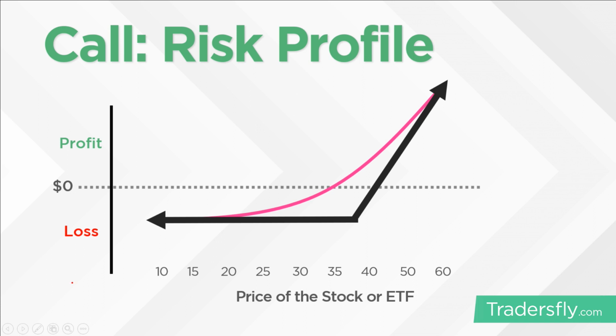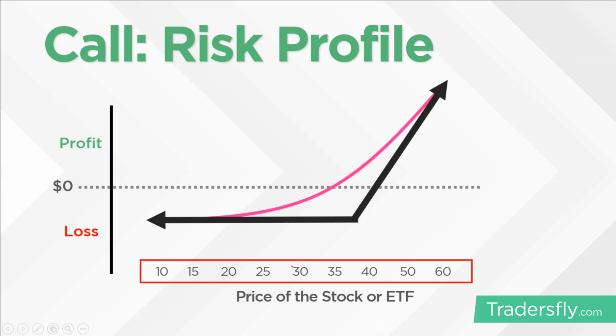Now, the other thing that we have here on the bottom is the price of the stock or ETF. So for example, say you started at the point where you bought this call contract at $35 right here. Okay, $35 was the stock price, and then it continues to move up with time and it gets to 40, your profit potential, how do you read it, would be right there, okay?